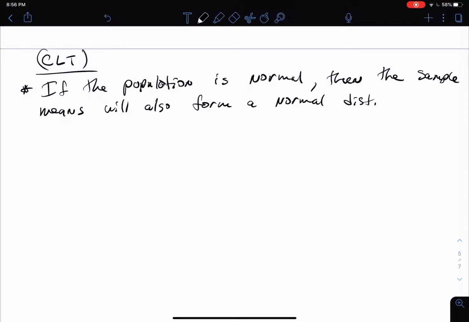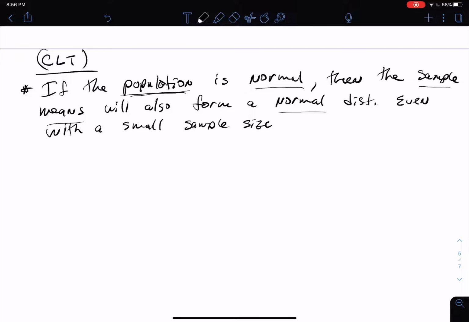We keep on talking about sample size needing to be greater than 30, but if you're sampling from a population that's normal, then the sample size doesn't have to be large. The sample means will also be normal, even with a small sample size, because the population you're sampling from was already normal.